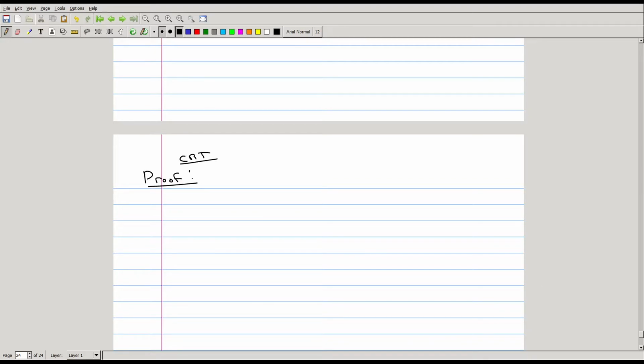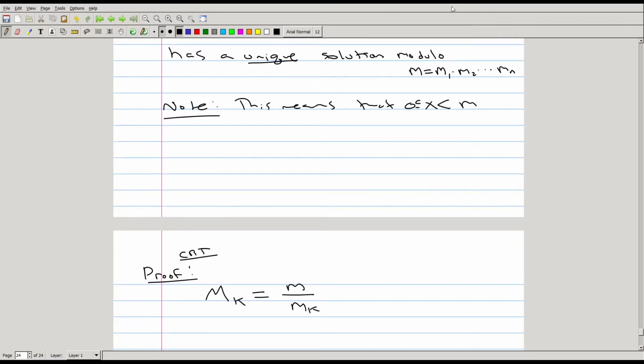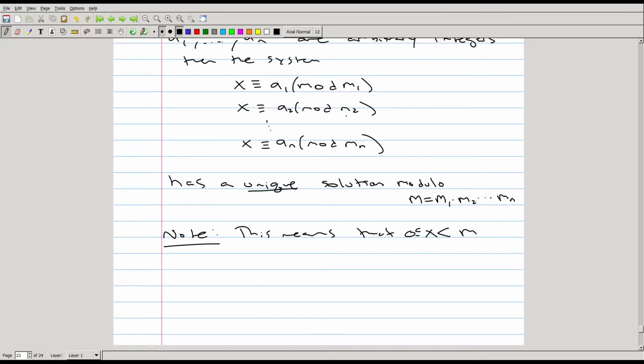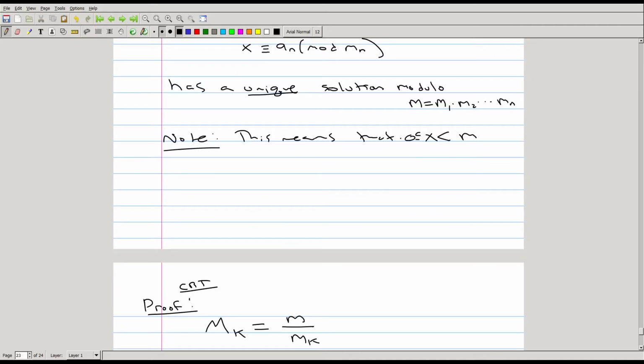And the idea here is that it directly relies on the definition of a sequence of values, call them capital Mk, which is M divided by mk, or the ratio of this product of all of the different moduluses divided by the kth modulus in our list.